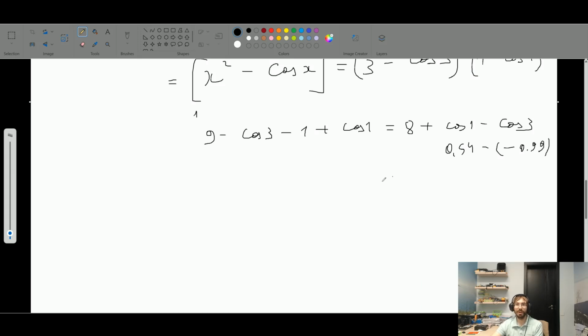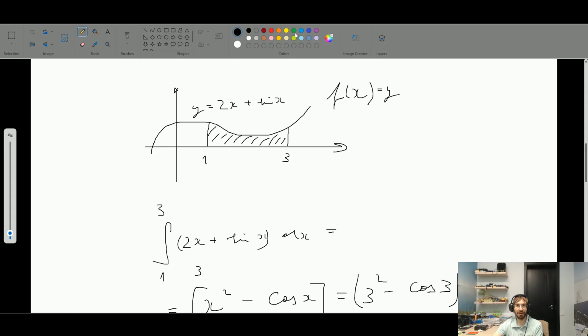So it will be roughly 8 plus 0.54 and minus, let's say already plus, because minus and minus give us plus, so plus 1. So roughly 9.54 will be that area under the curve.